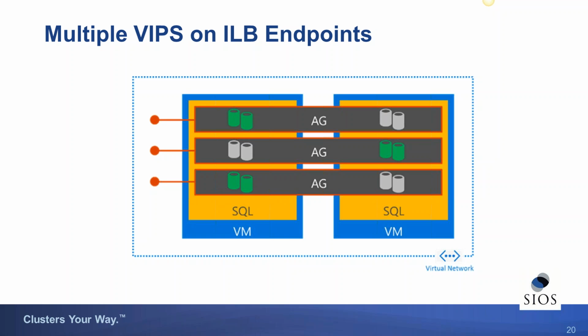Up until recently, you could only have one IP address per load balancer. That limited you to a single client listener for availability groups, and for failover cluster instances you could only have one virtual IP address per cluster. So if you were building a SQL Server failover cluster with multiple SQL instances, you couldn't do that in Azure.